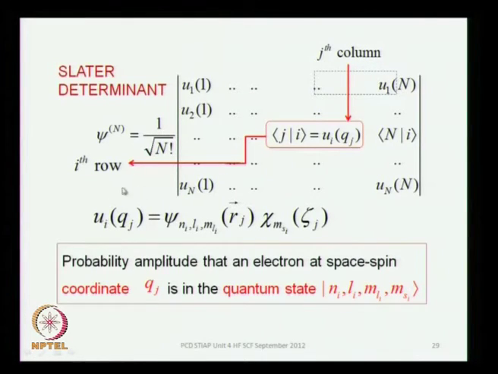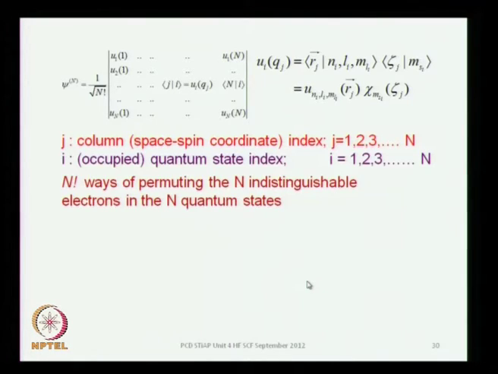Each spin orbital is then a measure of the probability amplitude that an electron at space-spin coordinate Qj is in the quantum state n, l, ml, ms corresponding to the ith row. So, that is the notation, that is the designation of the states, and this is how a Slater determinant is written.